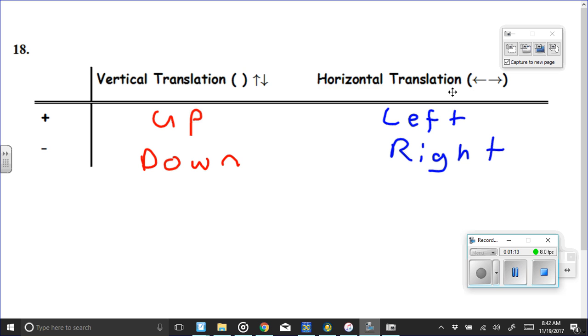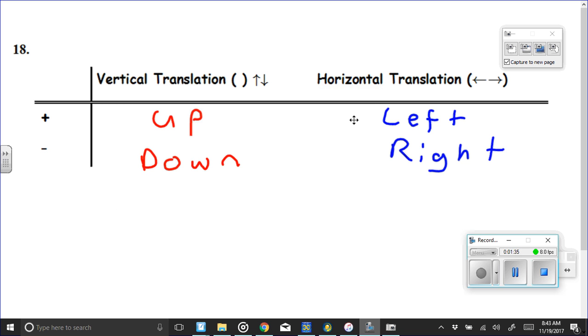Now, the next thing you want to know is, well, if we're sliding up or down, is it going to be positive or negative, or left or right? So that's why I got this little grid here to help you out, because it can be kind of slightly confusing. But the vertical goes the way you think it would. Positive is up and negative is down.